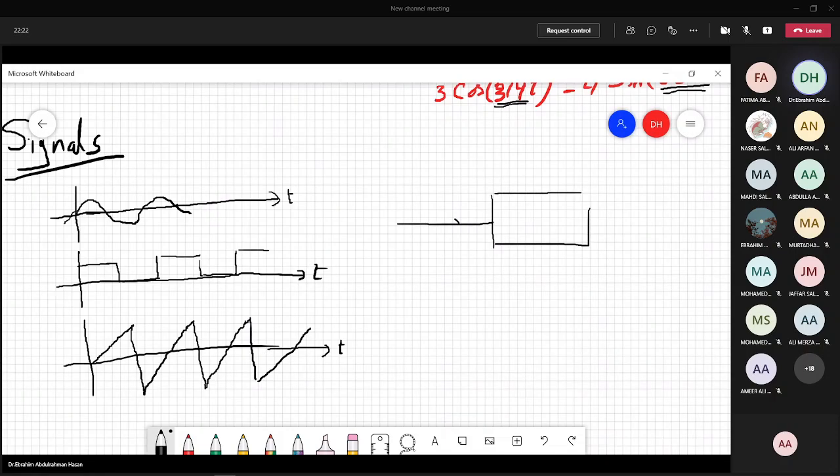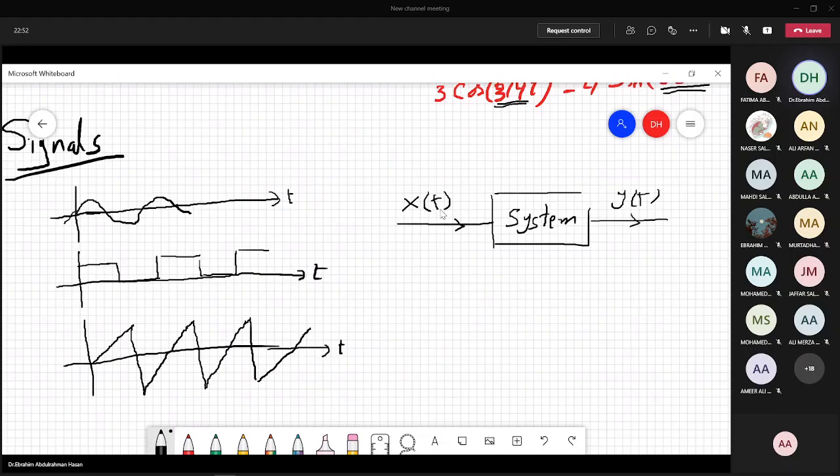As we said, to generate a signal here, you need a system. So this signal as input, we call it x of t. It is the incoming signal. Then here is the process, the system, to understand the signal, and there is some action. y of t is the output.